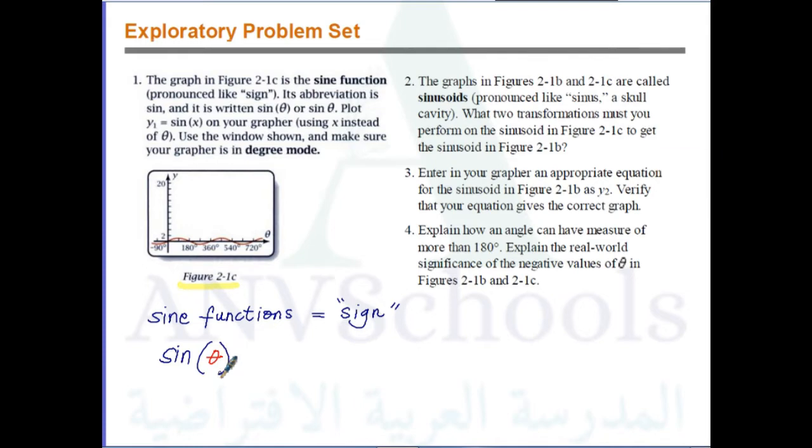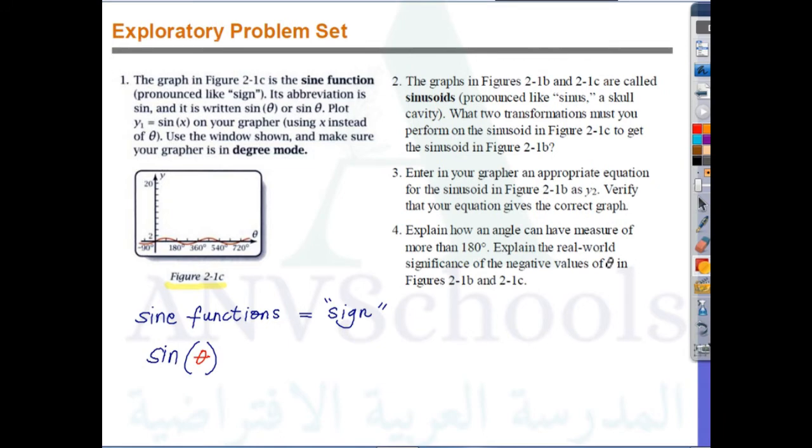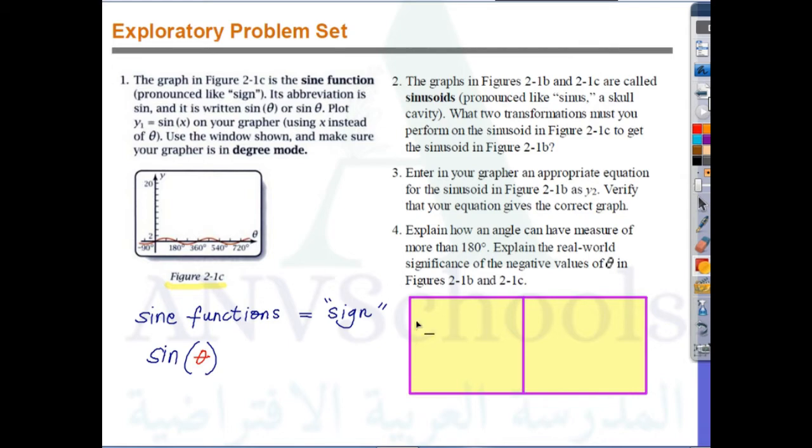Now let's say your theta would be taken as x. So now your x would be in terms of angles also. Instead of theta as your angle, we are going to take x.